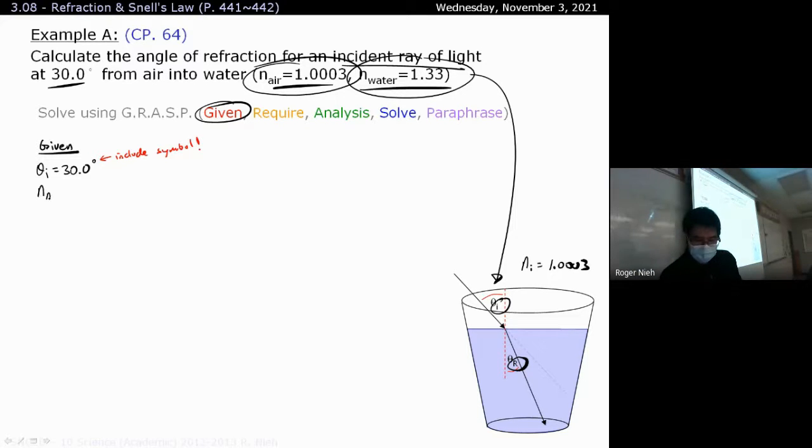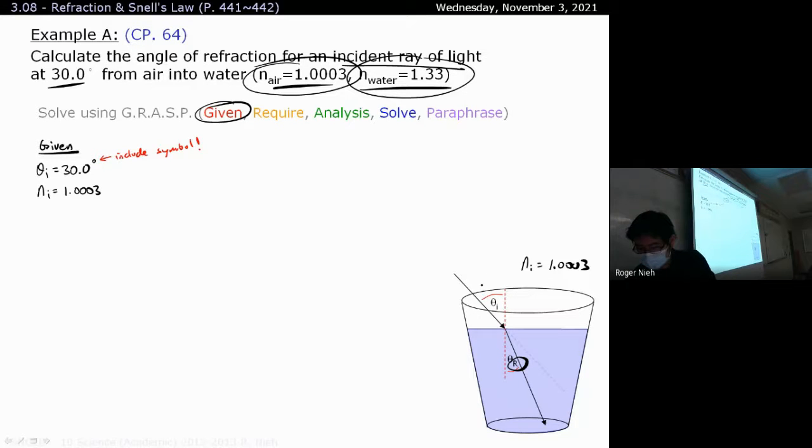We won't call this N of A because that's not relative to our mathematical problem. Our air is our Ni, and that is at 1.0003, because we're going from air into water. So our theta I is equal to 30 degrees. Our Ni is equal to 1.003.